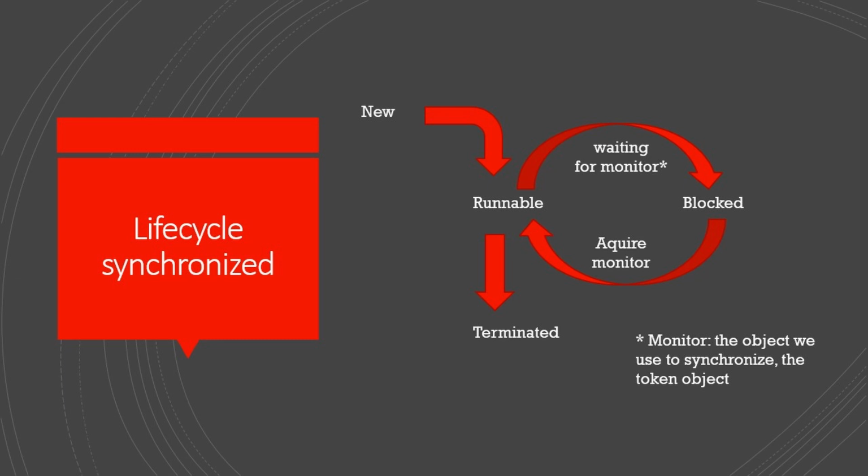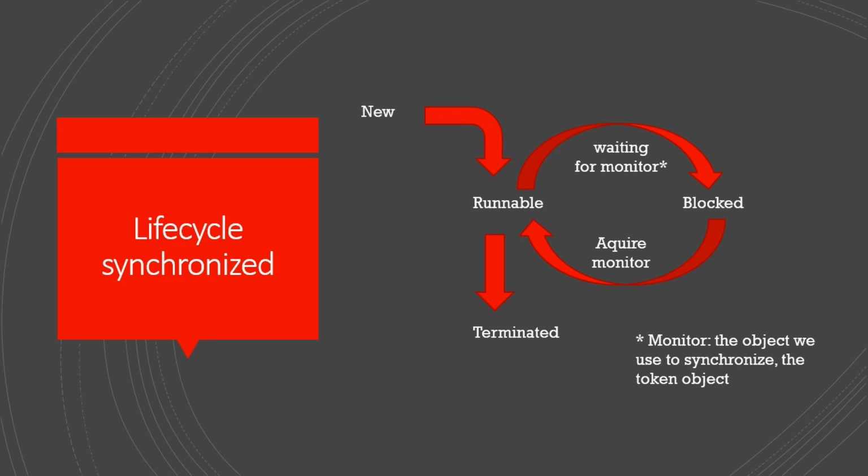But now, when our thread comes to a synchronized code block or a synchronized method call, and that synchronized block has a monitor object, and that monitor object is, let's call it blocked, or it's taken by another thread, that's when my thread has to wait. Now, it doesn't get into a waiting state, it doesn't get into a timed waiting state, it gets into a blocked state, right?